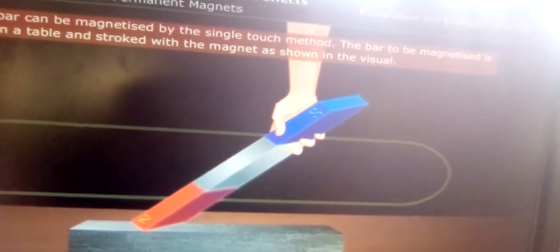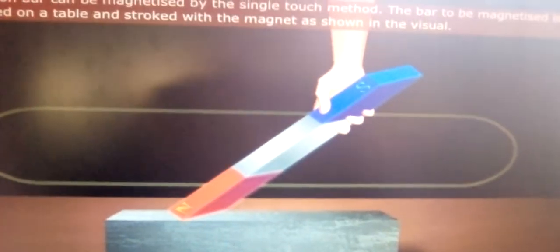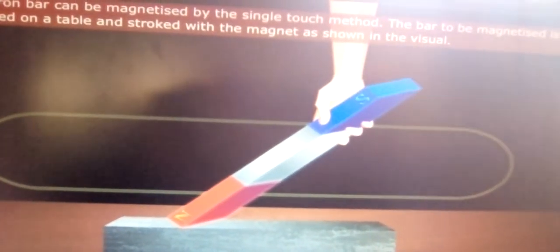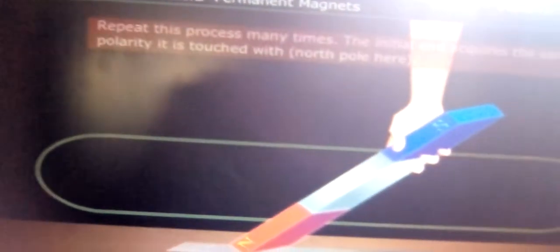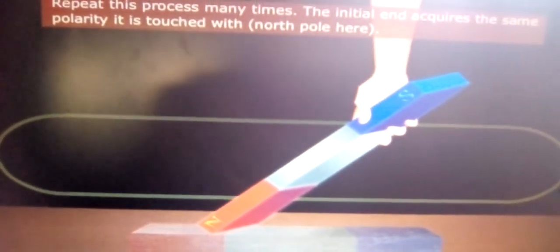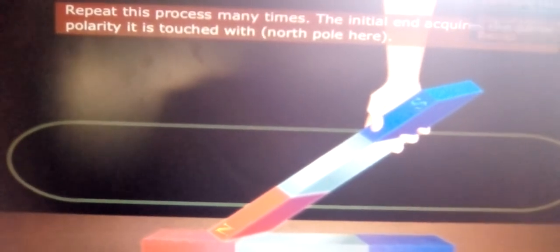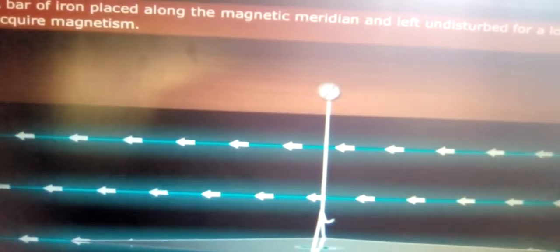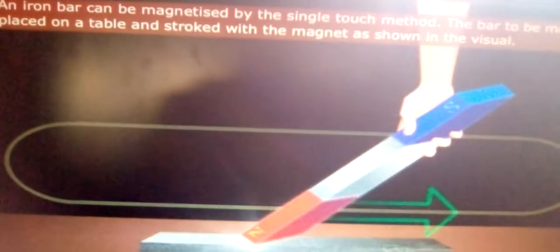In so doing, you are making your atomic magnets align in one direction, and thereby you make it align in a particular direction, as we're going to see here.